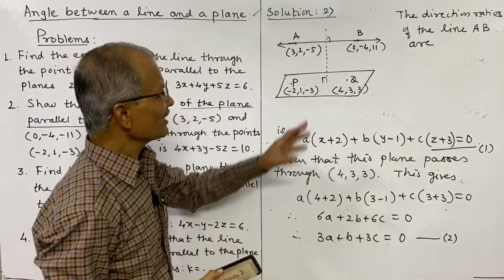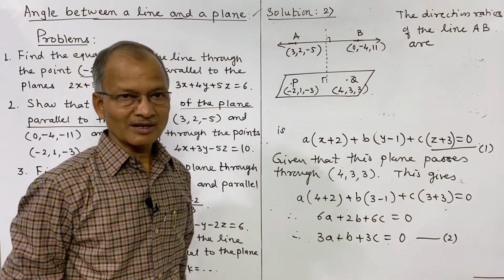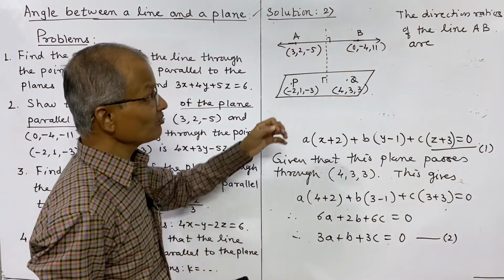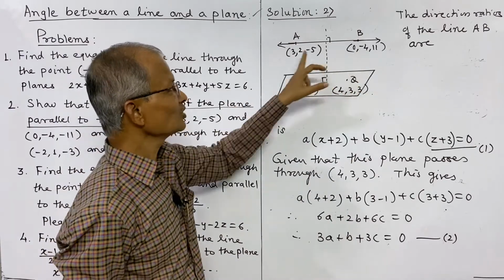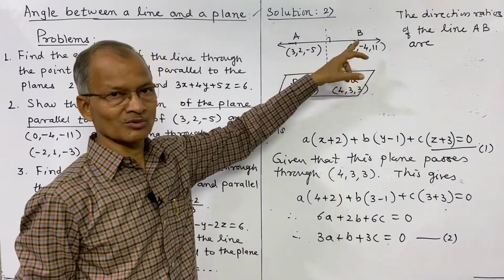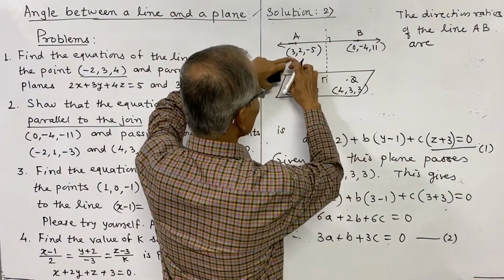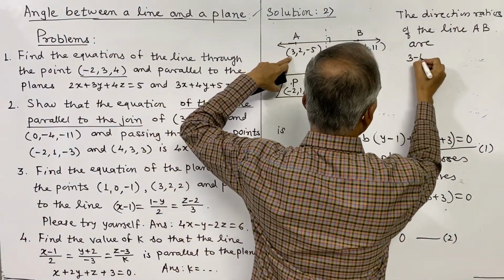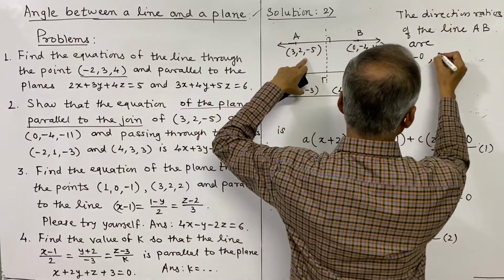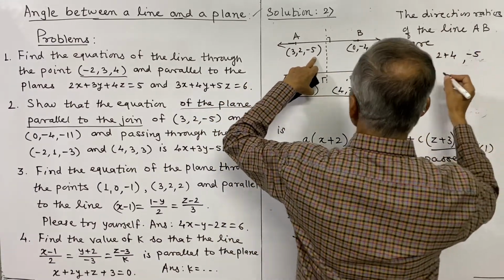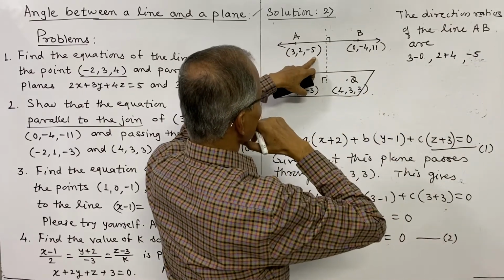Now how do we obtain the DRs of a line passing through two points? That is easy. Subtract the coordinates, and the subtraction can be done in any way. We can write x2 minus x1 or x1 minus x2, y2 minus y1, etc. So we will do the subtraction directly. 3 minus 0, and 2 minus minus 4, that is 2 plus 4, and minus 5 minus, yes, this will be minus 5.